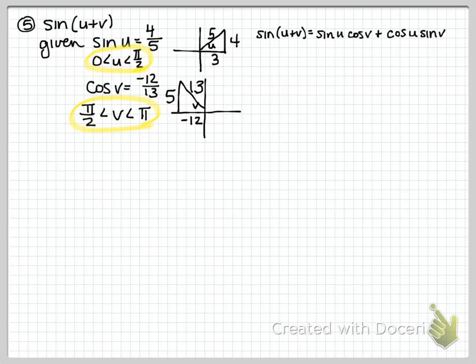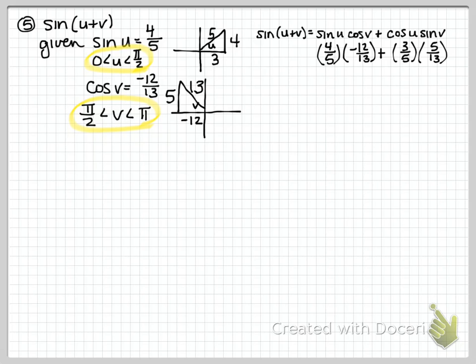And looking at our triangles, the sine of u is 4/5. So I'm going to put a 4/5 here. You have to keep your triangles separated. You have to know which one is u and which one is v, because you're going to use them as your reference points. Cosine of v is negative 12/13 plus the cosine of u is 3/5. The sine of v is 5/13.